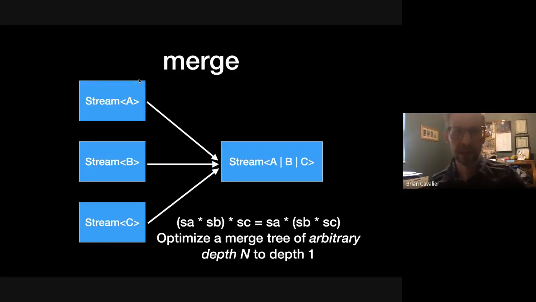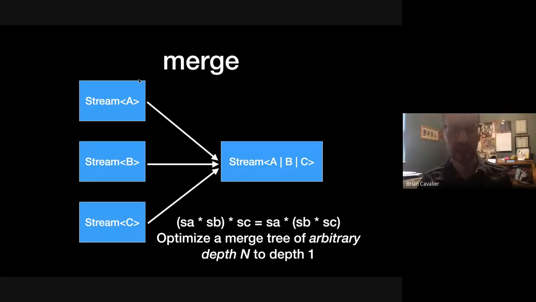A graph that looks like this, where the merge operation, instead of building a tree, can build a list of all the streams that need to be merged, and lessen the number of nodes that the events have to flow through to reach their destination.